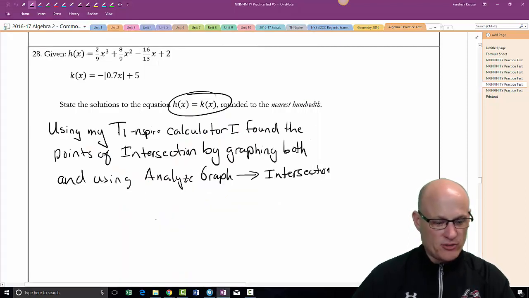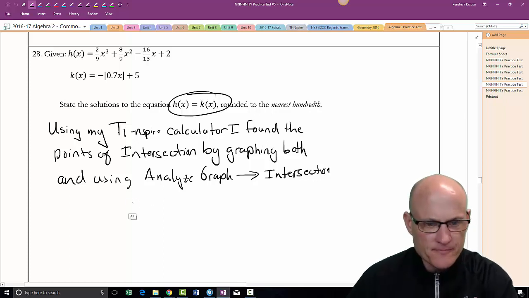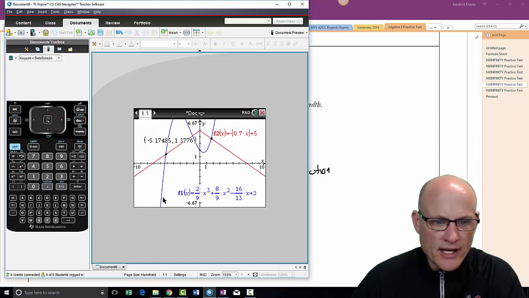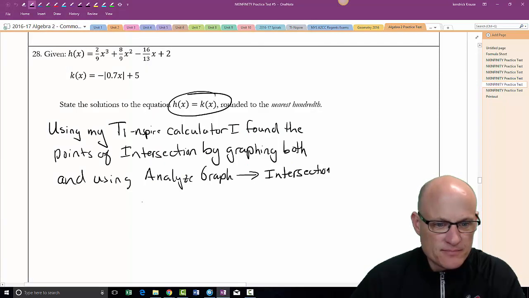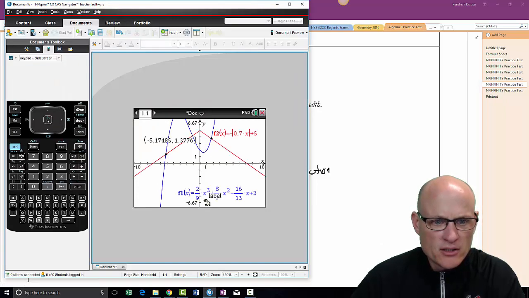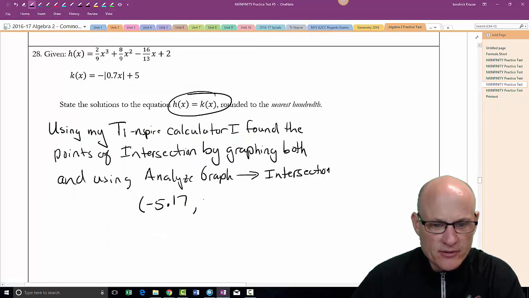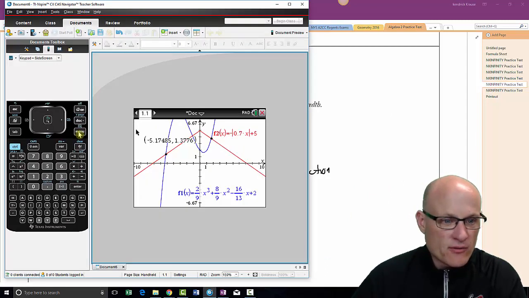So I'm going to write down what my answers are. My two answers appear to be negative 5.17, comma, 1.38. Then I lost that one.